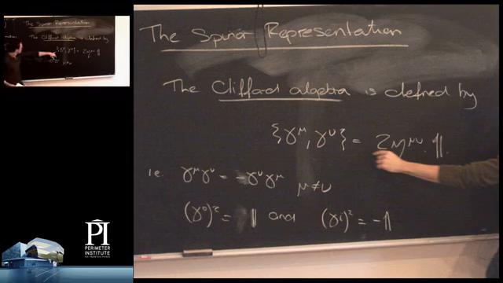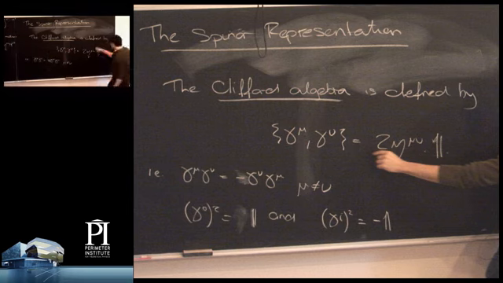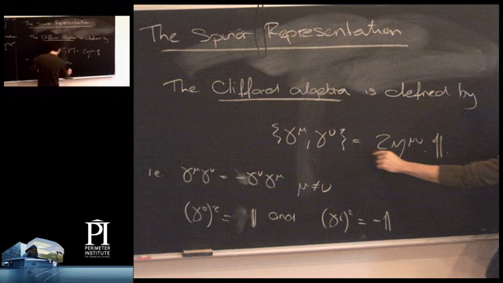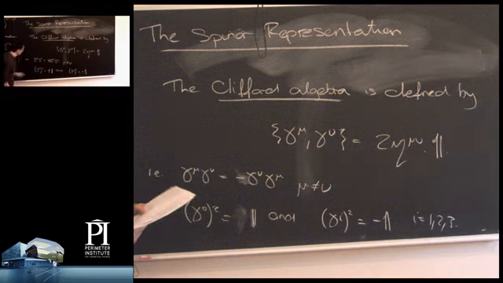Okay, have you seen these anti-commutator expressions before? Good, and this is the unit identity matrix. It's supposed to be sort of a calligraphic one. There's already an eta there.